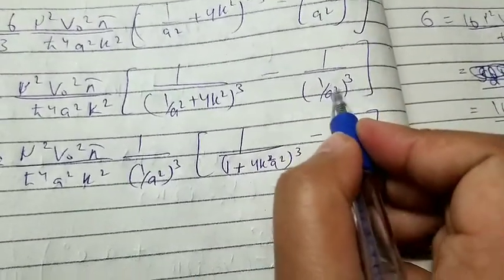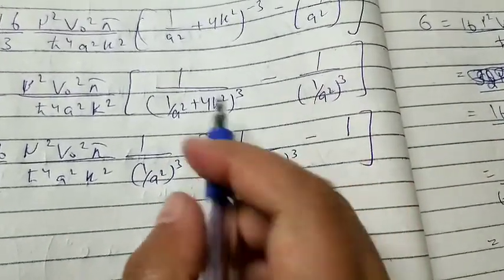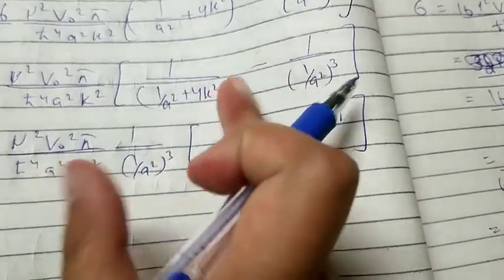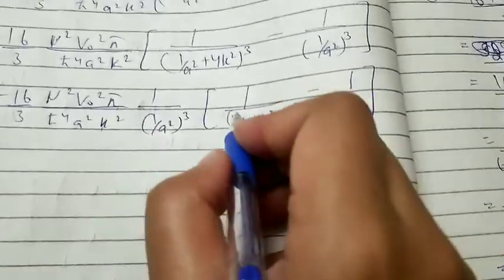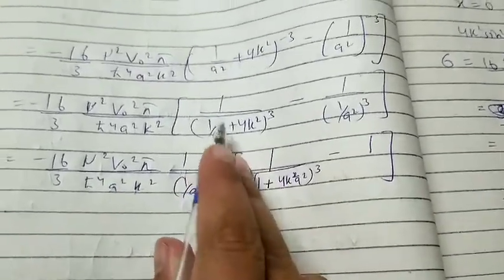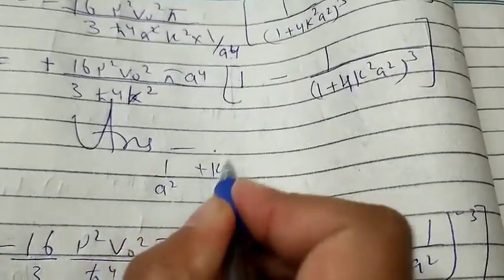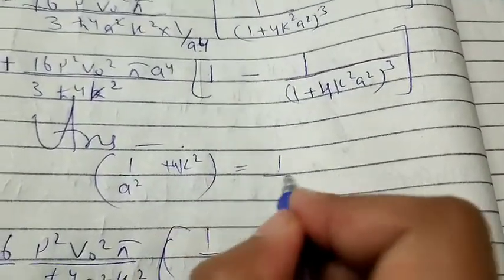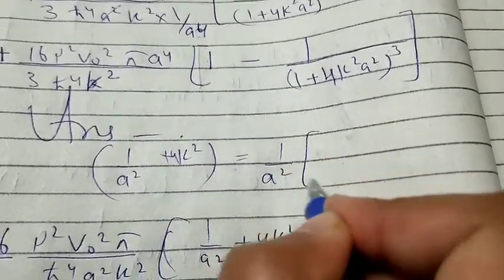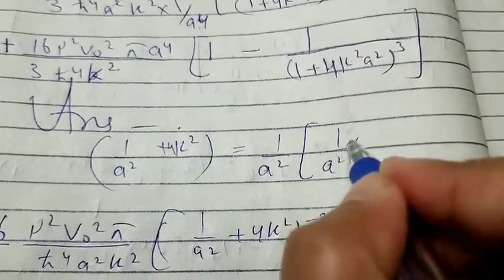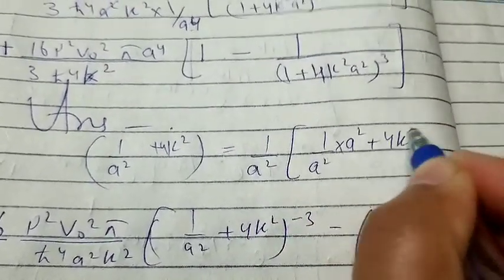Okay, because this whole quantity gets out, and when you take common 1 over a square to the power 3, let me explain this step: 1 over a square plus 4k square. If I take 1 over a square common from it, it means I'm multiplying a square inside with each quantity.